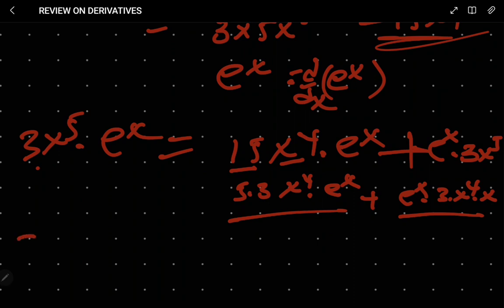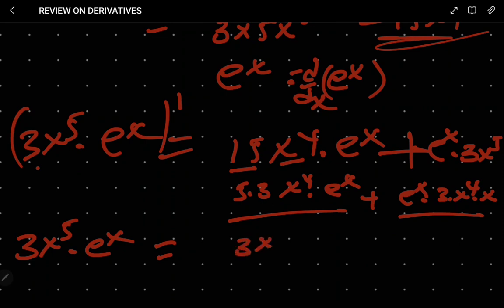So the derivative of 3x to the power of 5 times e to the power of x is equal to, you take 3 common, x raised to 4 common, e to the power of x common. What are you left with here? 5, then plus x. So e to the power of x, 3, and x raised to 4 are taken out, and what is left is x plus 5.